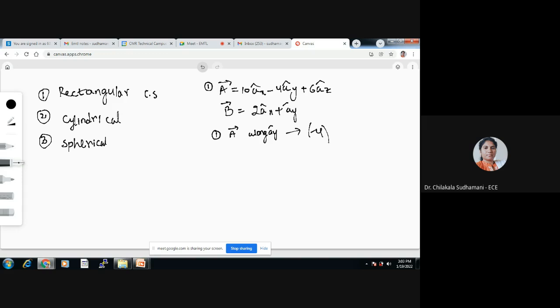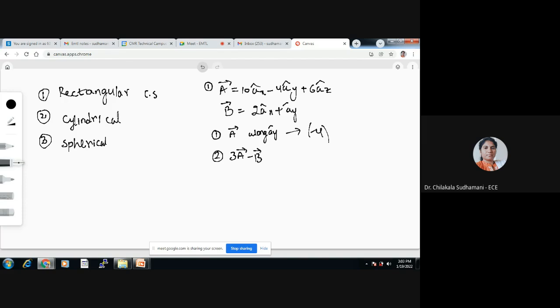Its component along the y direction is minus 4. And the second problem is, find the magnitude of 3A bar minus B bar. How do you calculate it? First, what should we do? Multiply A by 3, right? You'll get 3A bar.